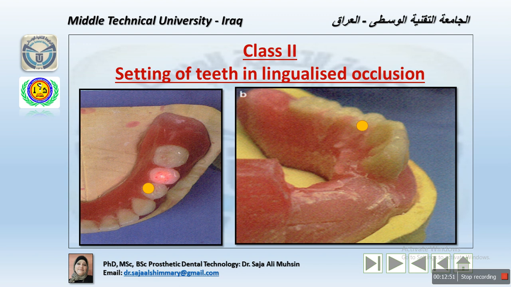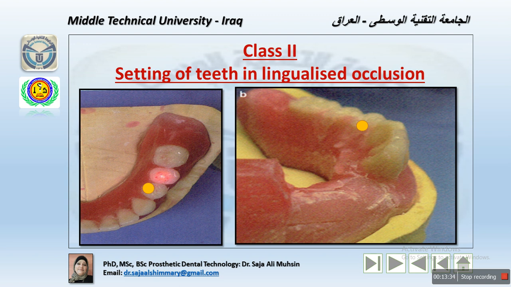It is much better to place 5 anterior teeth of the correct size than to try to place 6 teeth that are too small. So what we need to focus on, dear students, is that in class 2 lingualized occlusion, we place the teeth a little bit more lingually than in class 1, moving the teeth lingually with adjustment of the other teeth.